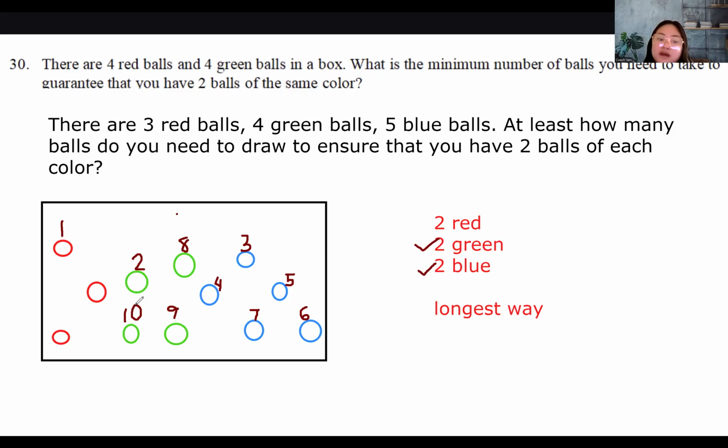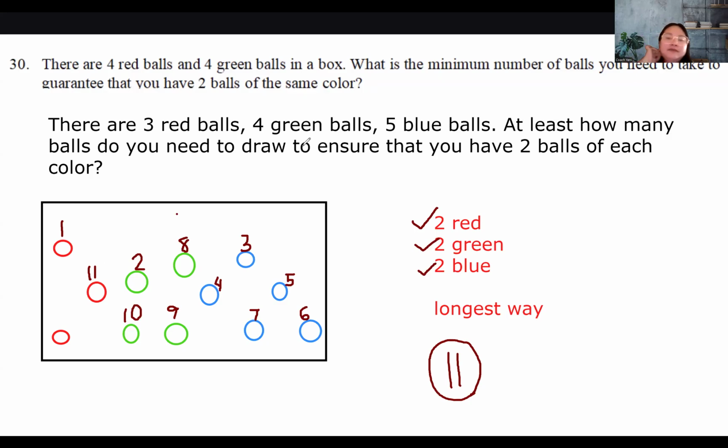So, on your 11th draw, whatever is left is all red. So, you're sure that the 11th draw is already red. And this way, you have two reds. How many or what's the longest way it took you? That is 11 draws, of forcing you to be able to draw two red, two green, and two blue. So that's the answer.